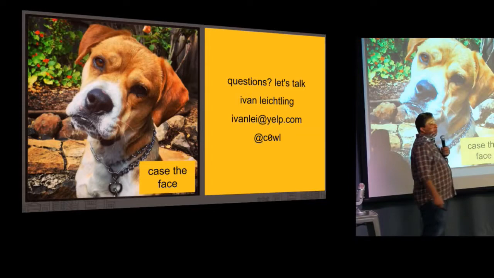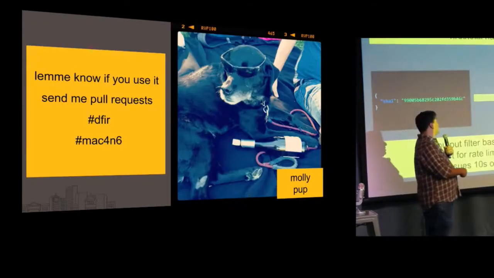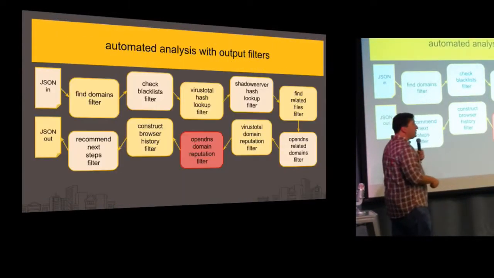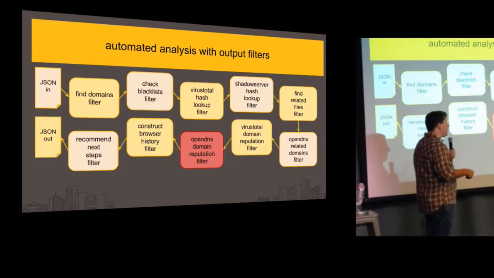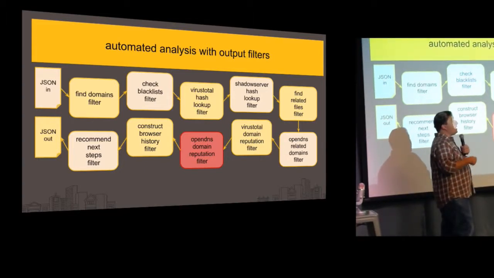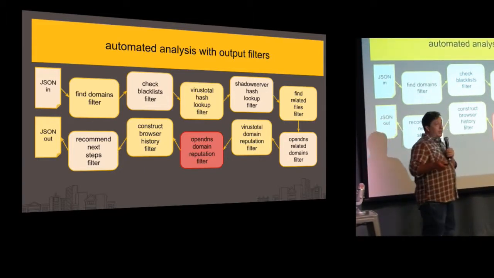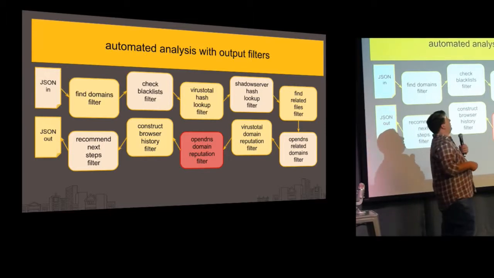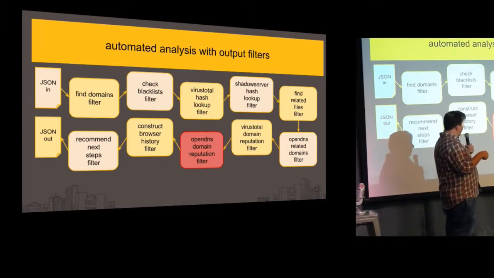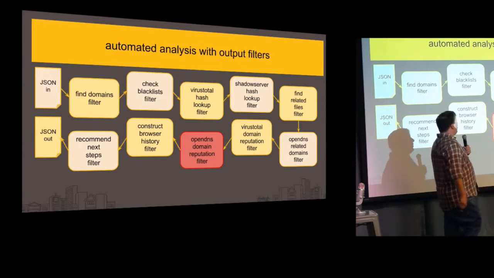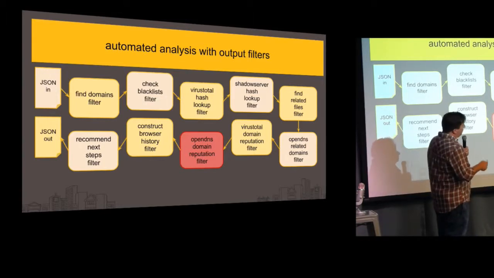We have taken bits of this code, especially these filters, and pulled them out into all sorts of other alerting infrastructure that we have. So if you get an alert from something, and it's related to a domain, then why not get some domain information? Or if something happened and you have some whitelist or some blacklist to think about it, that's cool.